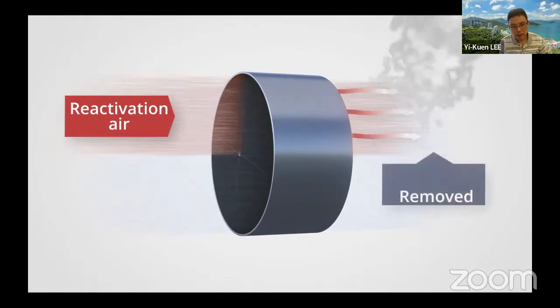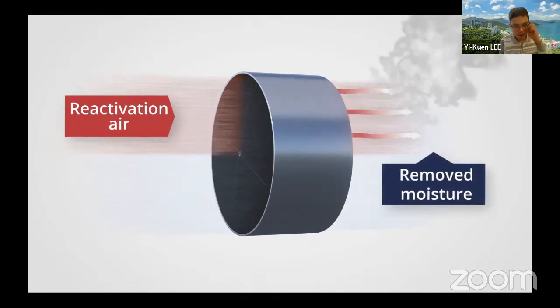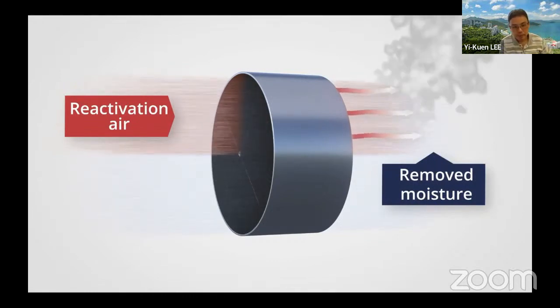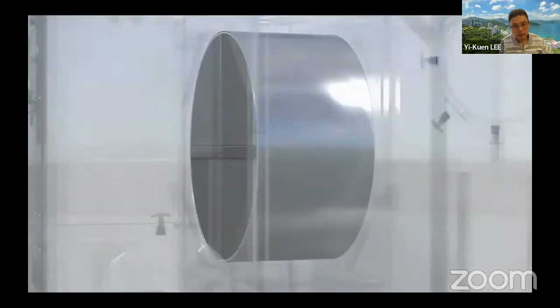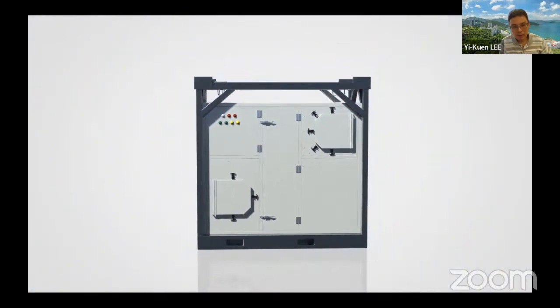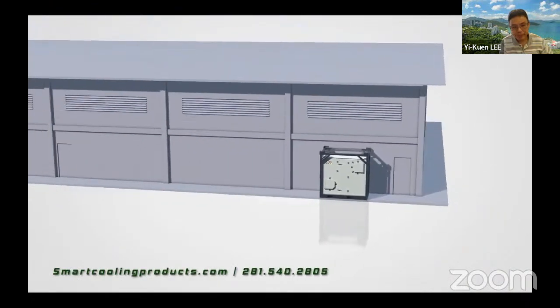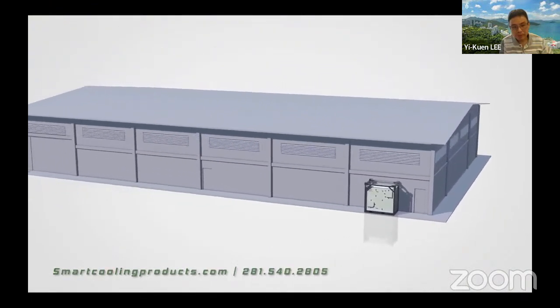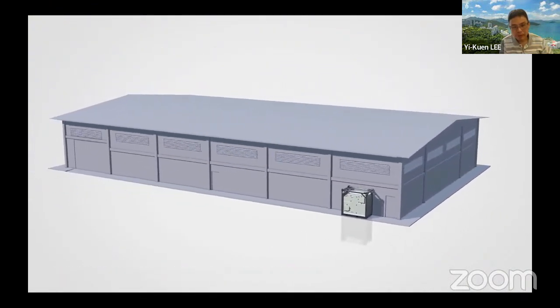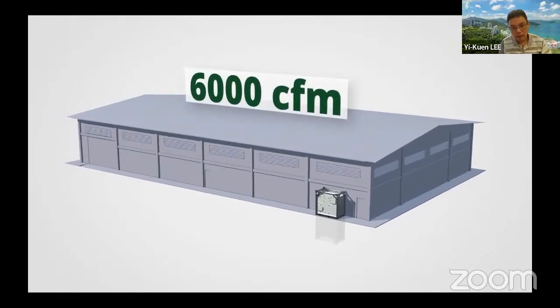All the moisture collected from the process air is drawn out of the wheel as it passes through the hot reactivation section. You now have roughly 1,500 CFM of hot, very humid air coming out of the react side of the wheel. This air then gets ducted away from your process location, typically outside.